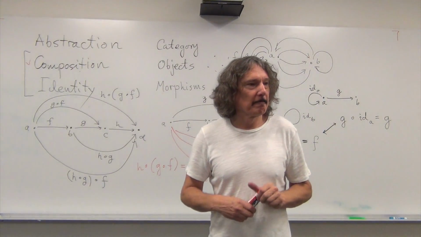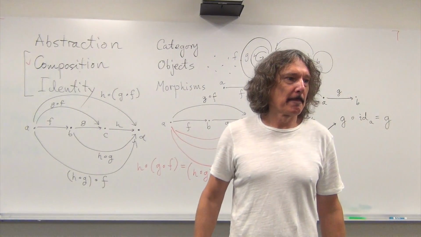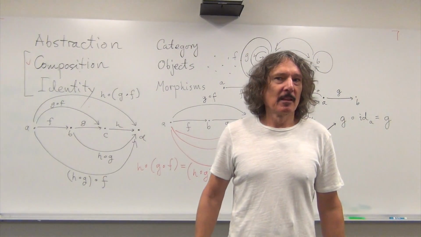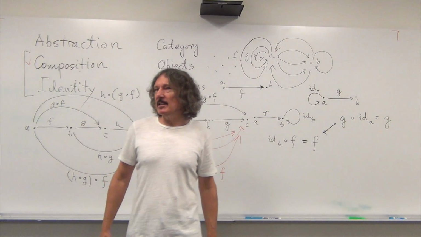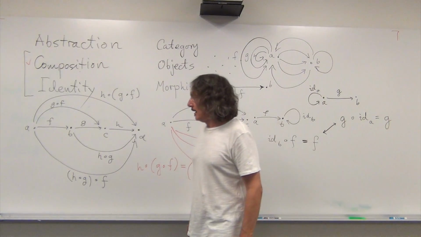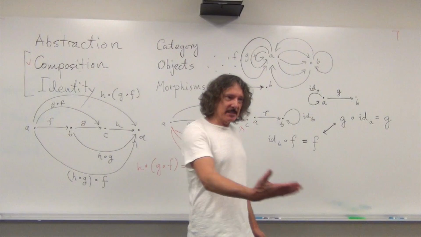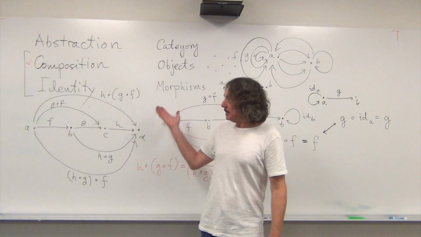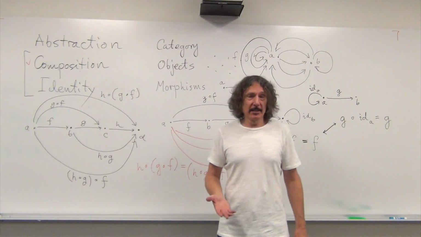Yes? Is this so much different from a group in the algebraic sense? Okay, so the question is, is that different from a group? It has some similarities to a group. Actually, it has similarities to something that's called a monoid, right?